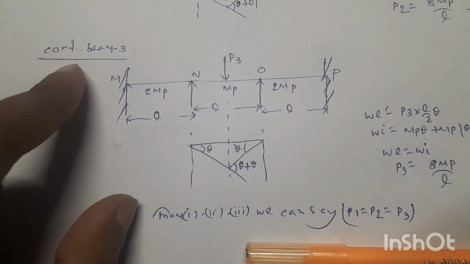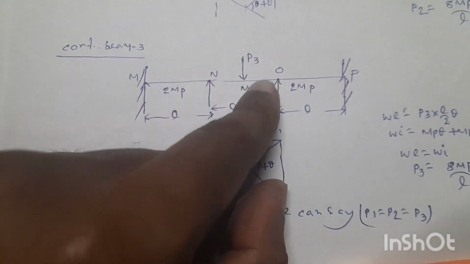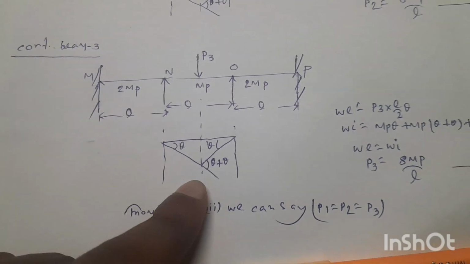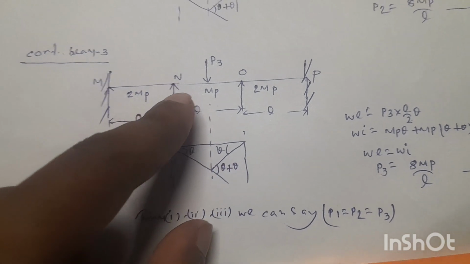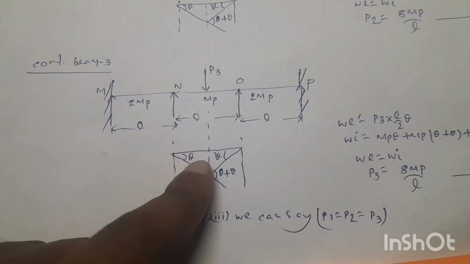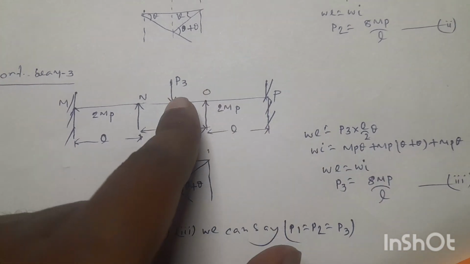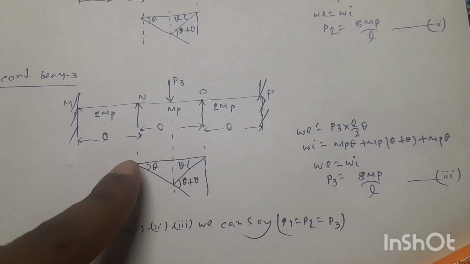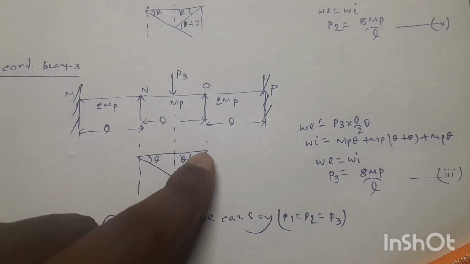And for continuous beam 3, MNOP, subjected to a load P3 at the middle portion, if we draw the beam mechanism, the plastic hinge will form at N, O and at the point of loading. So external work done equals load into deflection, P3 into L by 2 into theta, and internal work done equals MP into theta plus MP into theta plus theta plus MP into theta.